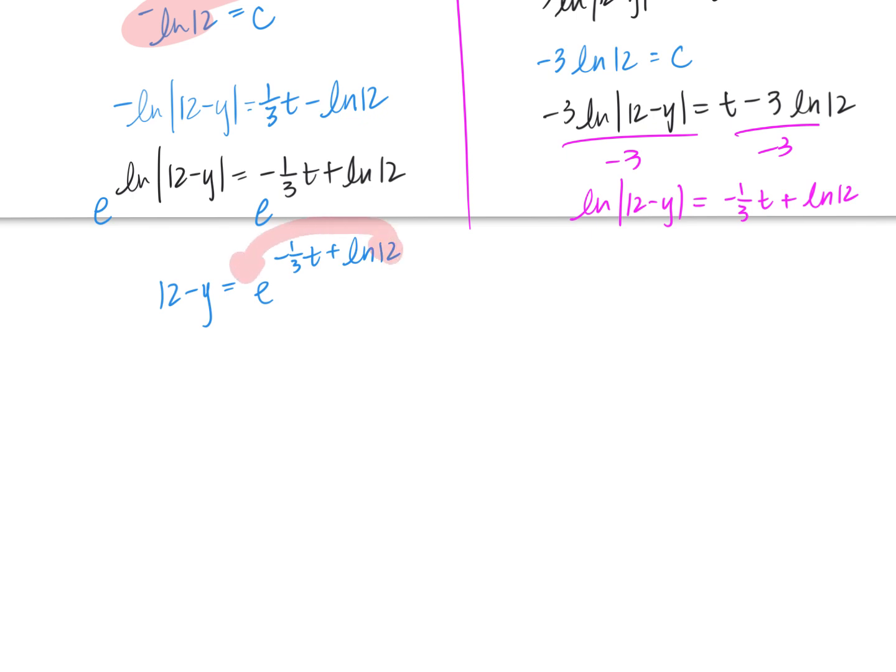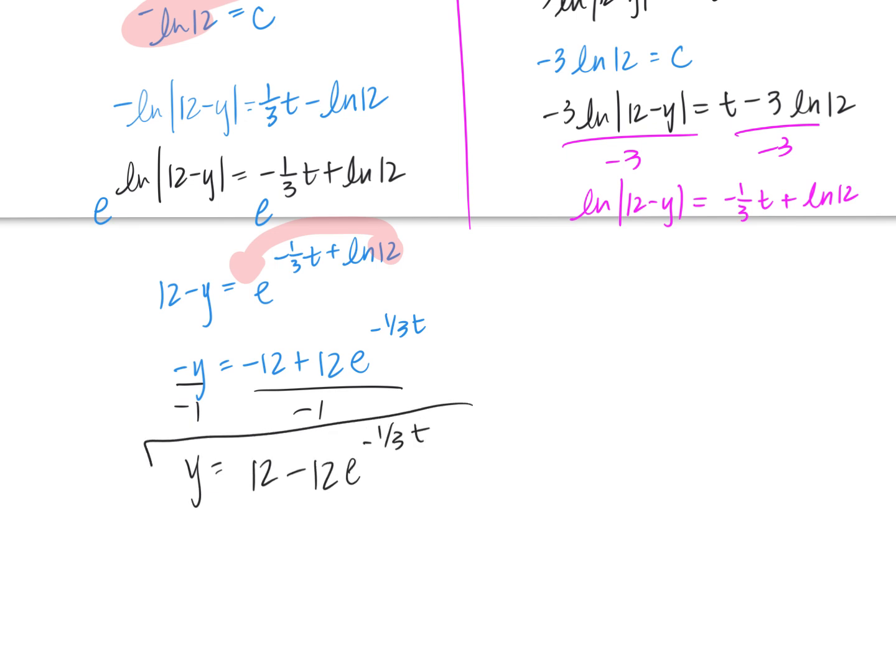Let's get y by itself. So wouldn't I have a negative y equals negative 12 plus e to the negative 1/3 t? Yeah. Oops, I forgot to bring my little 12 out front. Negative 12 plus, yep. And then we're going to divide out this negative. So do we get y equals 12 minus 12e to the stuff? Yeah. Good.